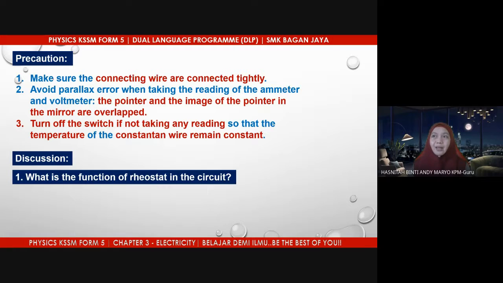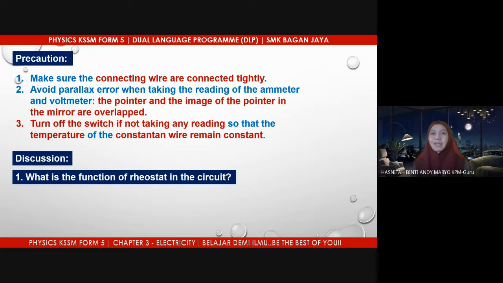The first one: make sure the connecting wires are connected tightly, no loose connection. Second, avoid parallax error when taking the reading of the ammeter and the voltmeter by making sure that the pointer and the image of the pointer in the mirror are overlapped.